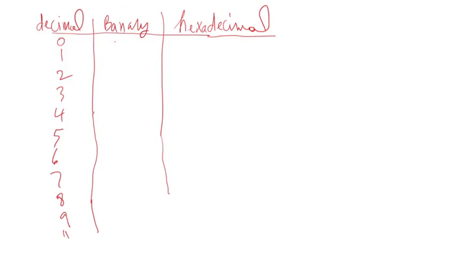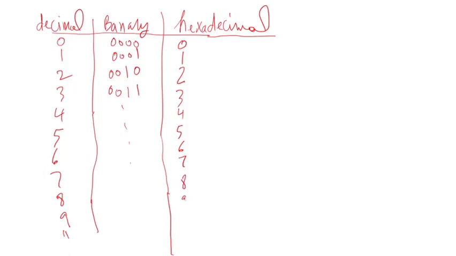In binary, 0 is basically just four zeros, 1 is just three zeros and a 1, 2 is 0 0 1 0, 3 is 0 0 1 1, so on and so forth. In hexa, basically 0 is just 0, 1 is just 1, 2, it's kind of like decimal, 3, 4, 5, 6, 7, 8, 9.